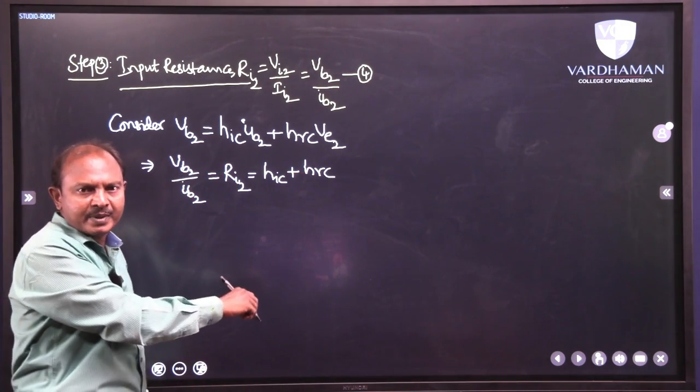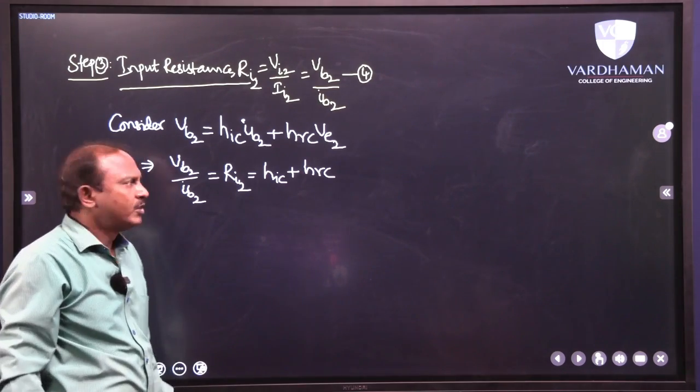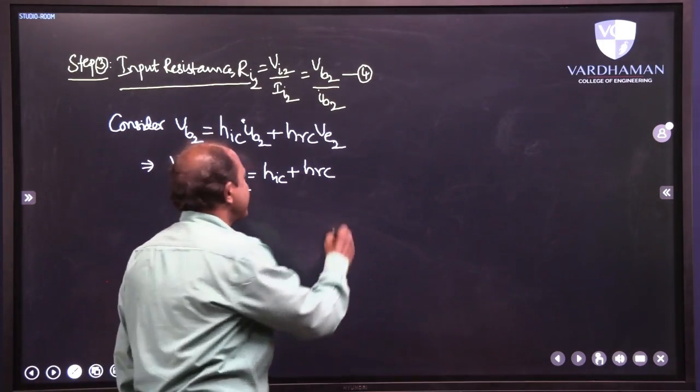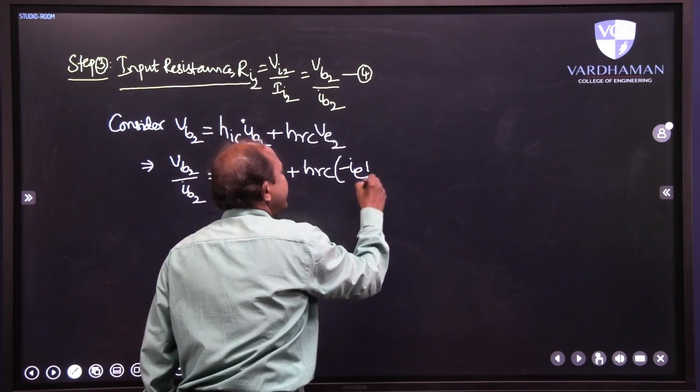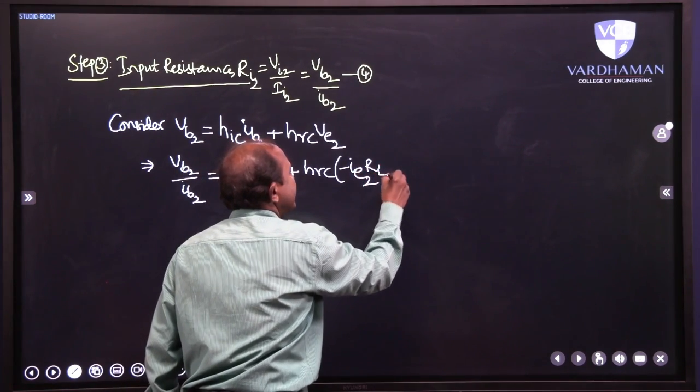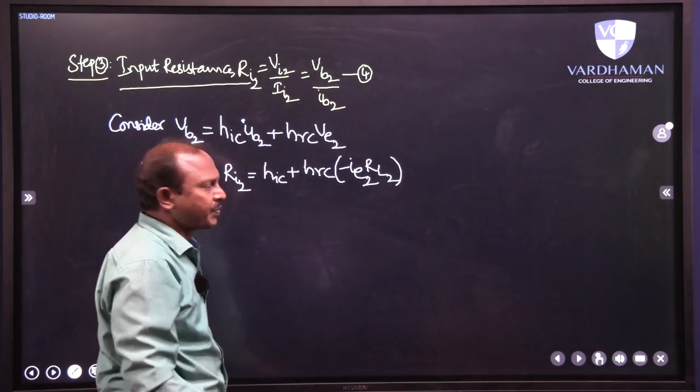Just before this step, while estimating current gain, we got an equation for VE2 as minus IE2 RE, or RL2. So minus IE2 RL2 was the equation we got for VE2.